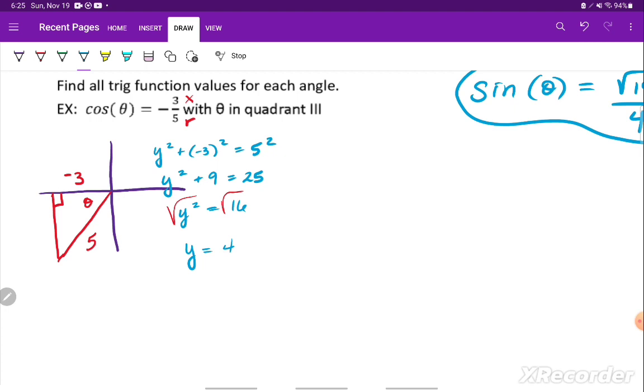Since we're in the third quadrant, our y value is negative, so this is going to be negative 4. Because we know with pure square root property, we get a plus or minus 4 there anyways, and the one we're going to want is the negative because we're in quadrant 3. Now that we have x, y, and r, we can just fill in our definitions.